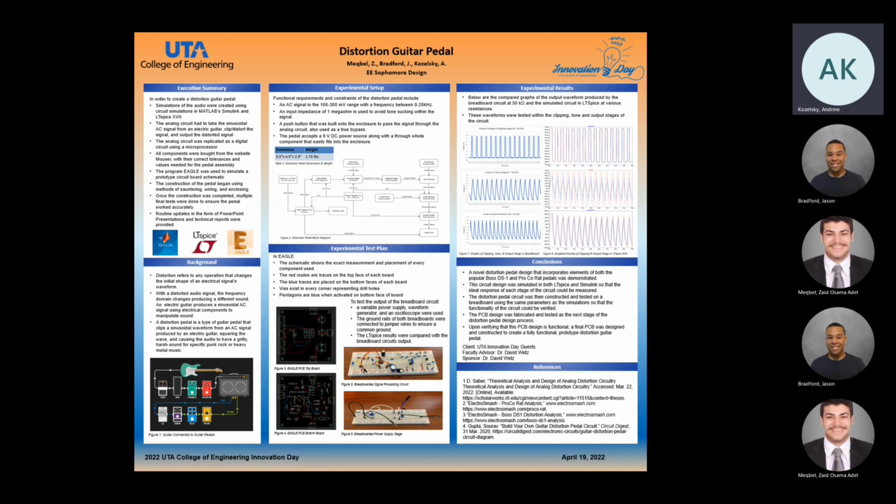What you can see is that as the signal comes out of the gain clipping stage, it has a nice square waveform, and that's due to the clipping action of the diodes. They essentially cut off that part of the sinusoidal wave at a certain level, which would be the forward bias voltage of the diodes. Then, as that signal moves into the tone stage, the variable nature of that potentiometer in conjunction with the capacitor creates a filter.